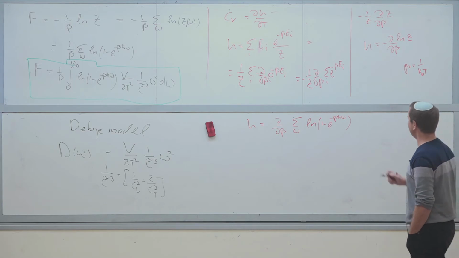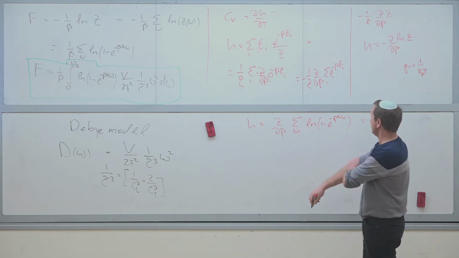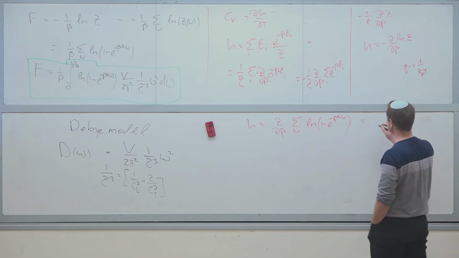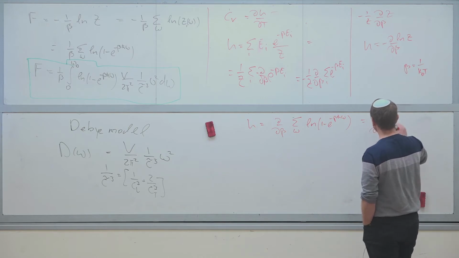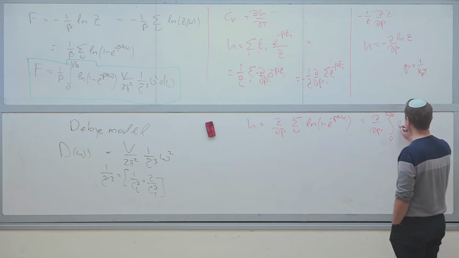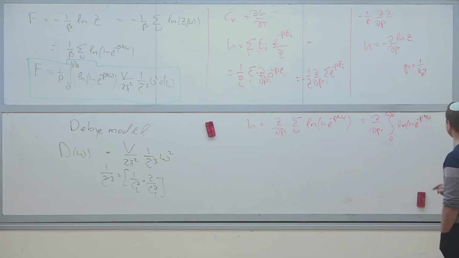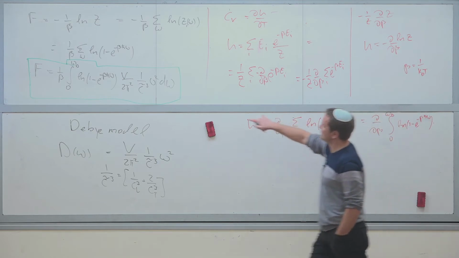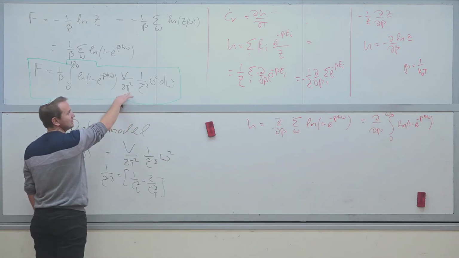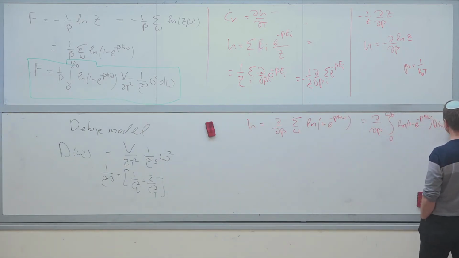Now, again, instead of a summation over omega, I'm doing an integration. So it is d/d beta, an integral between 0 and omega Debye of a log of 1 minus e to the minus beta h bar omega, multiplied by the same thing that I put inside over here. This is the d of omega, d omega.